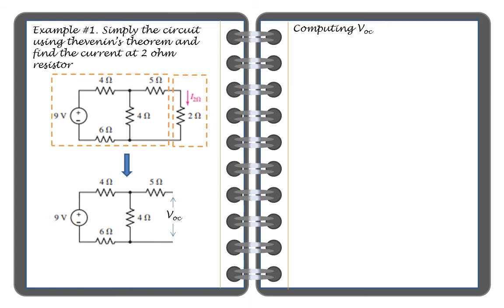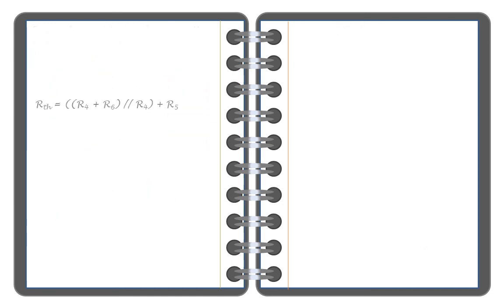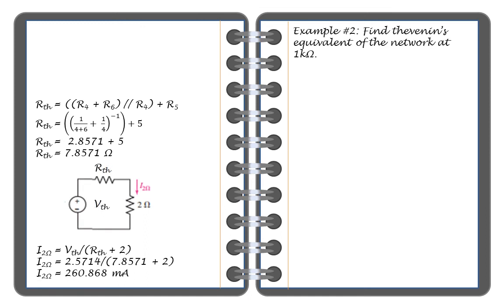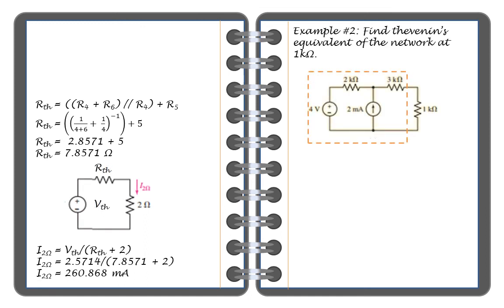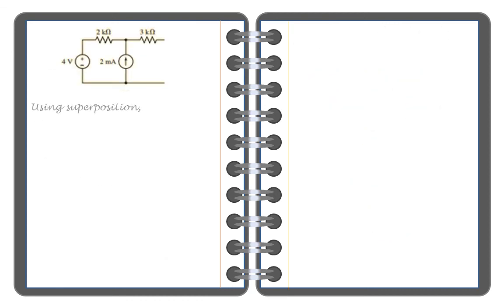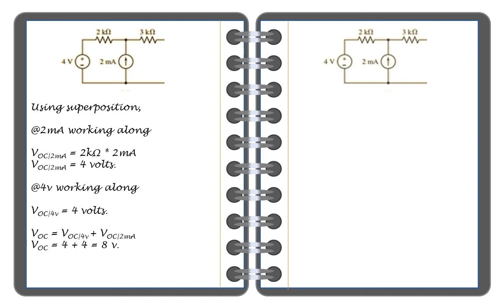We can compute the Thevenin's equivalent voltage using any circuit theory or theorems that can be applied. The series and parallel combination of the resistances shows that the 4 ohm resistance is in series. So we're going to use the superposition theorem.